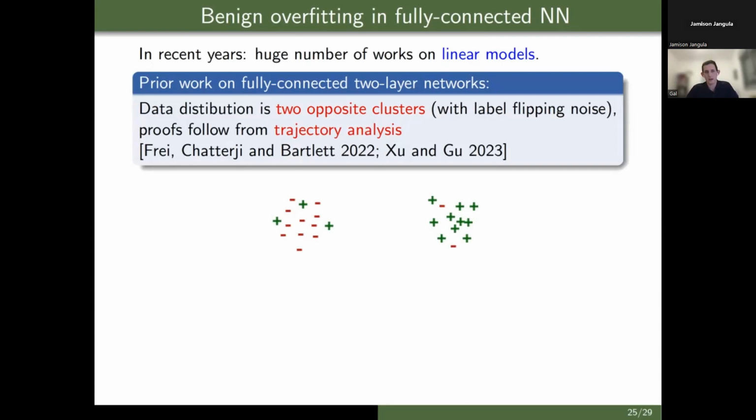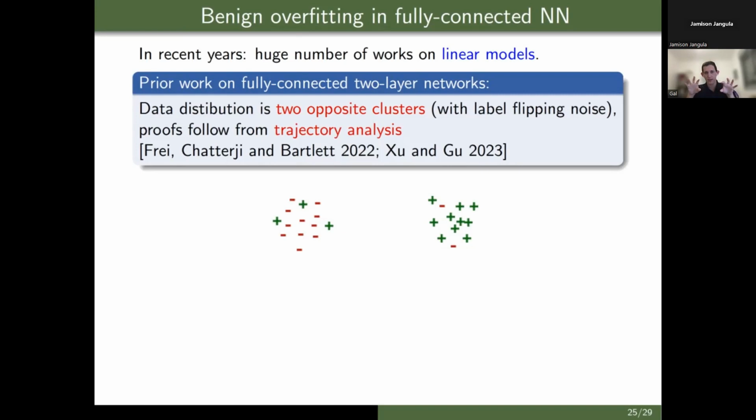There are these two prior works on fully connected two-layer networks, in which they showed that benign overfitting occurs in a setting where we have two opposite clusters, one with positive labels and one with negative labels. And we also have label flipping noise, which means that we flip each label with some probability p.